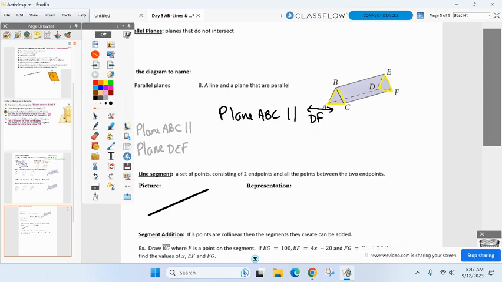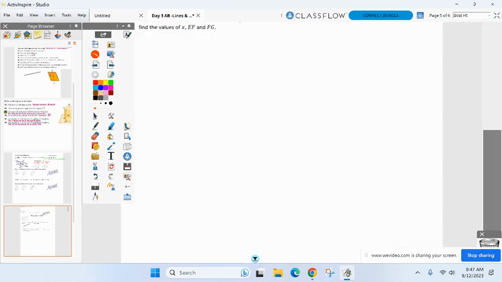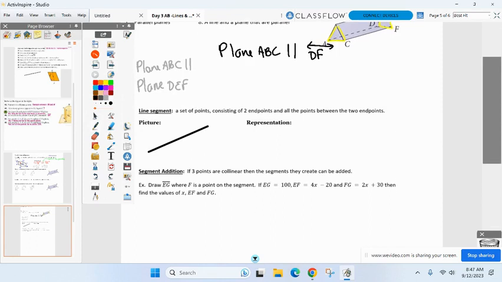So what I need you to draw right now for me is a line segment. A line segment has endpoints. Endpoints. Let's call these endpoints C and D. What's in between? Infinite points, right? Infinite points. So let's put some more points in between.